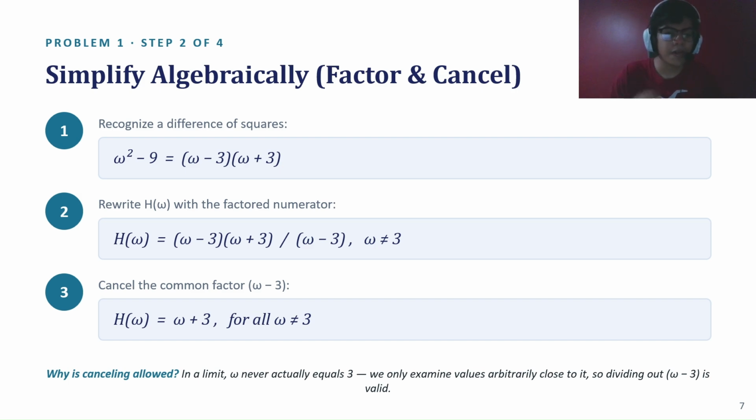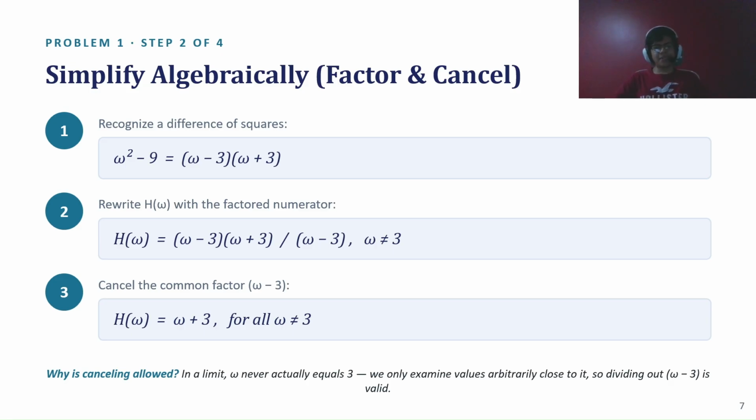For the second part, rewrite H of w with the factored numerator. H of w equals w minus 3 times w plus 3, divided by w minus 3, with w not equal to 3.